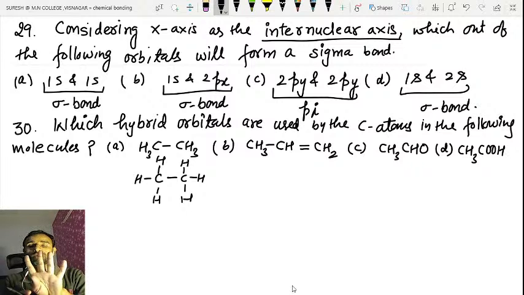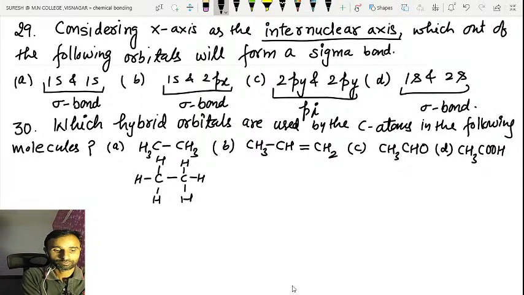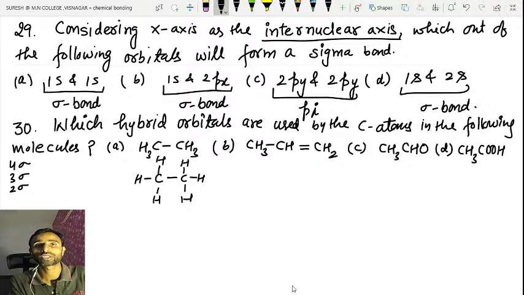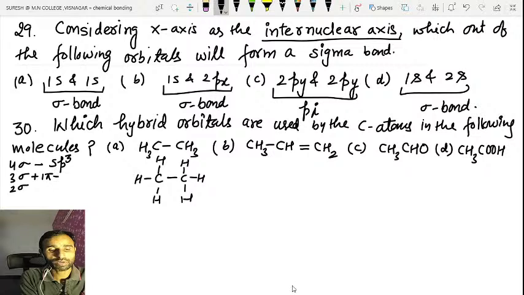4 sigma bonds, sp3. 3 sigma bonds and 1 pi, and 2 sigma bonds. That's the theory. For all the 4 sigma bonds, sp3. 4 sigma bond plus 1 pi, sp2. 2 sigma bond plus 2 pi, sp.